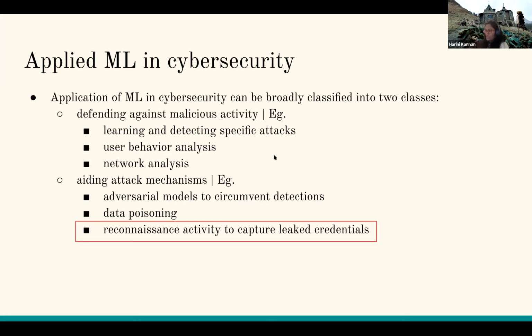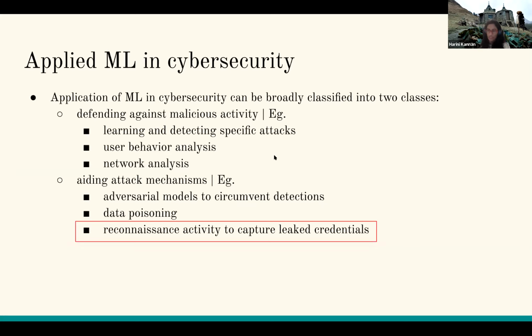When you're defending against malicious activity, some of the models we'd be building are for learning and detecting very specific kinds of attacks. There are various exploits being released out there. I work specifically with Linux related exploits, so you're detecting specific kinds of attacks. That's one kind of work you generally do.